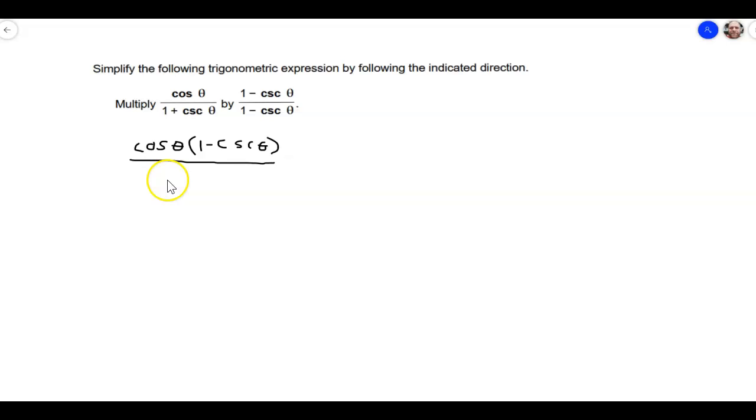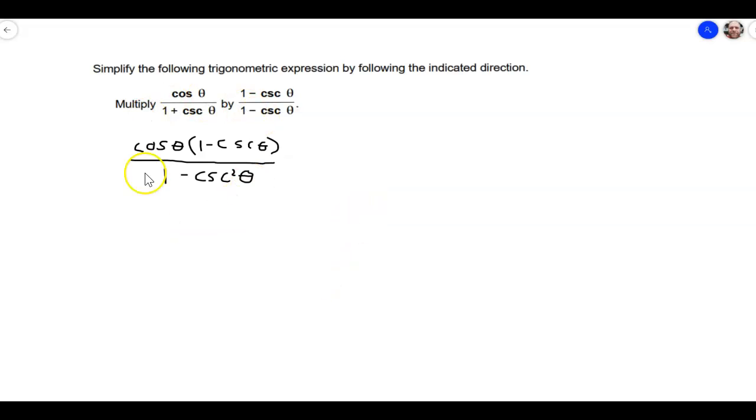So we're going to get the first thing squared, so that's 1 squared, which is just 1, minus the second thing squared. So cosecant of theta times cosecant of theta is just cosecant squared of theta. So this will just be 1 minus cosecant squared of theta.